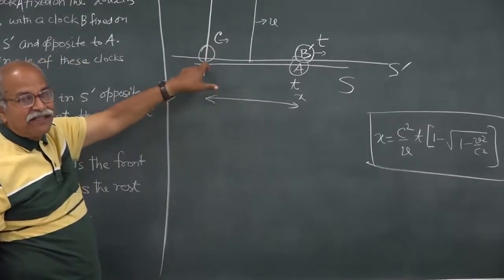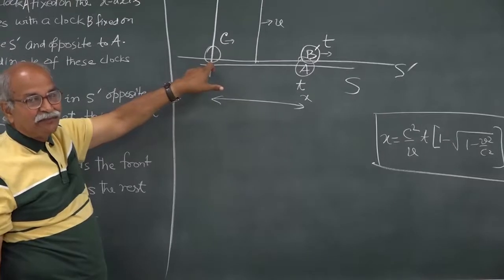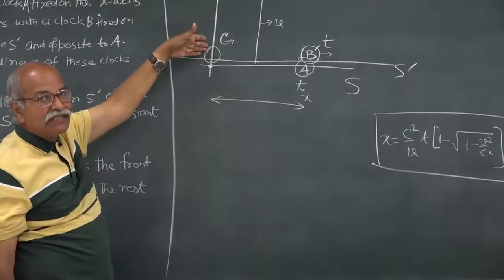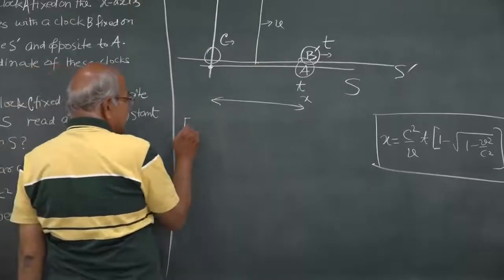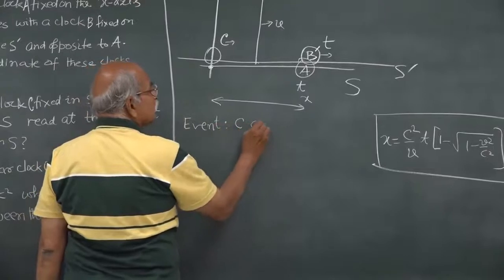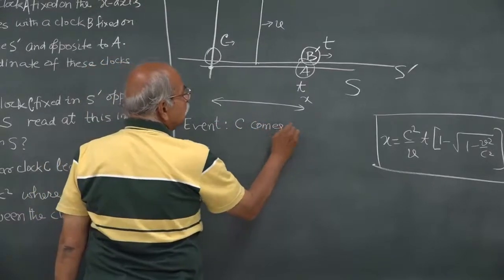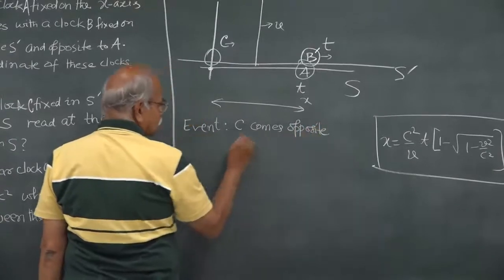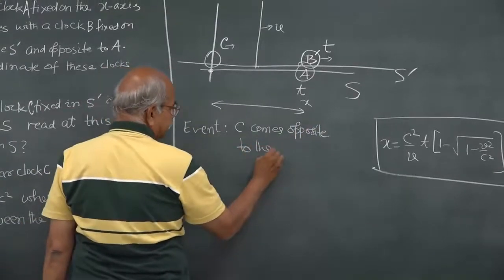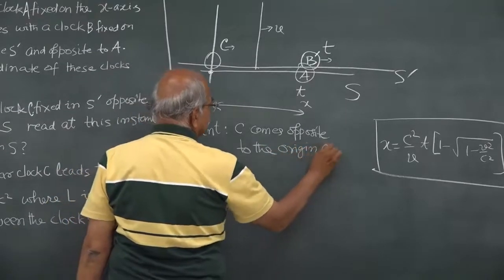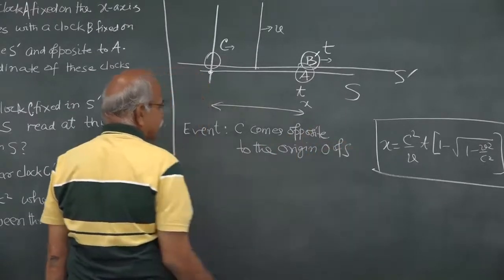What are the x and t as seen from S, and from there we can get what is the reading of this clock. So, our event is C comes opposite to the origin O of S.